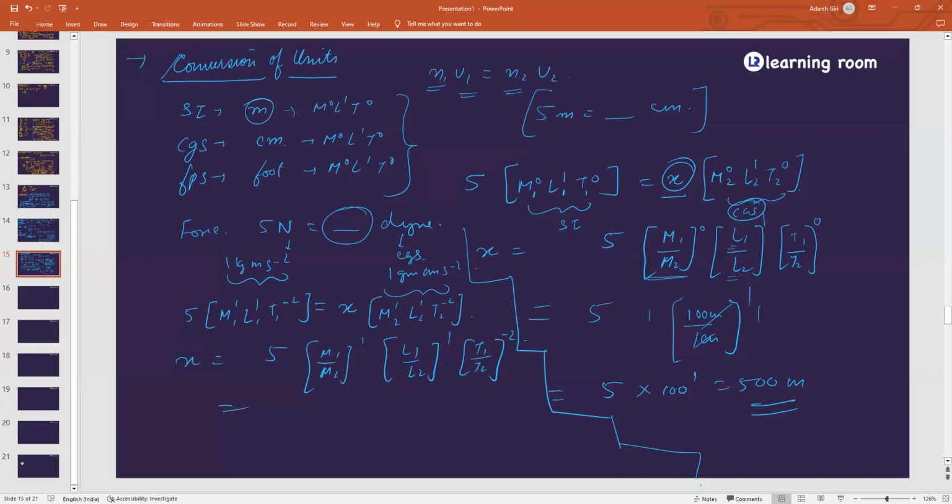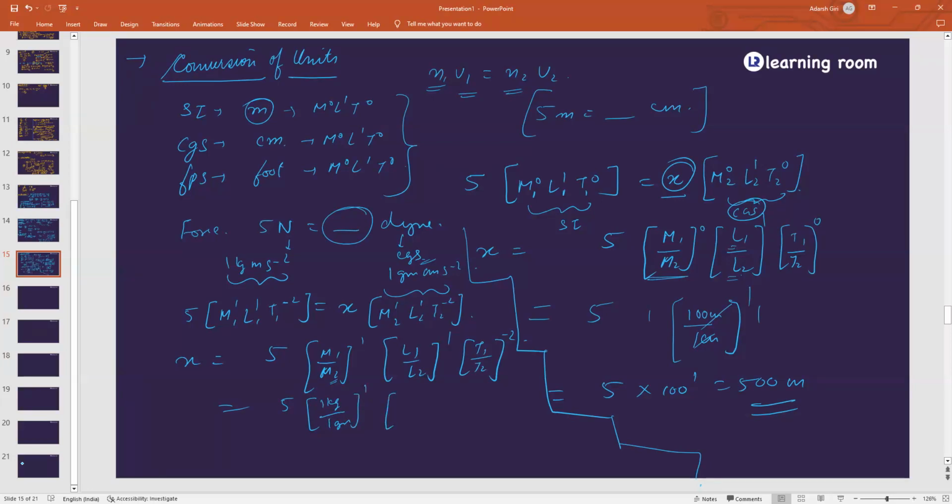So the first system of units was SI. In SI, what is the unit of mass? Kg. And in the second system of units, that was CGS, it is gram. So 1 kg upon 1 gram power 1.